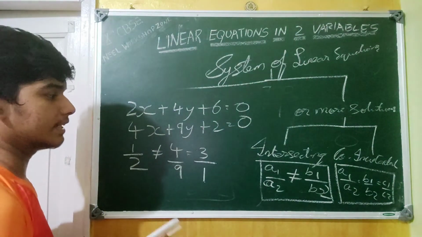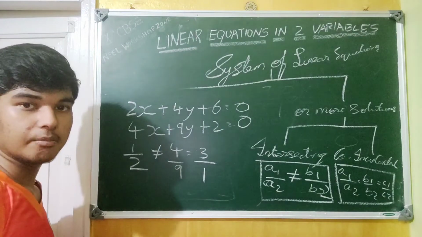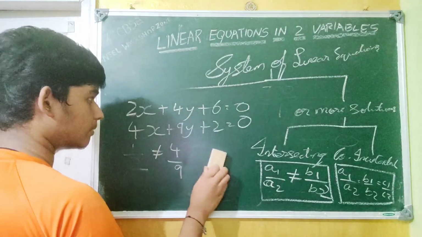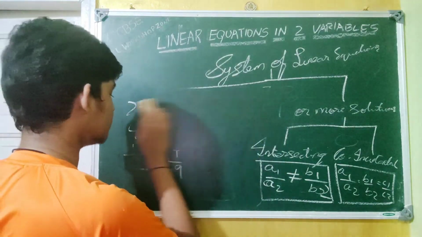So this is an intersecting pair, because a1 by a2 is not equal to b1 by b2. We don't really care about the c1 and c2 values.